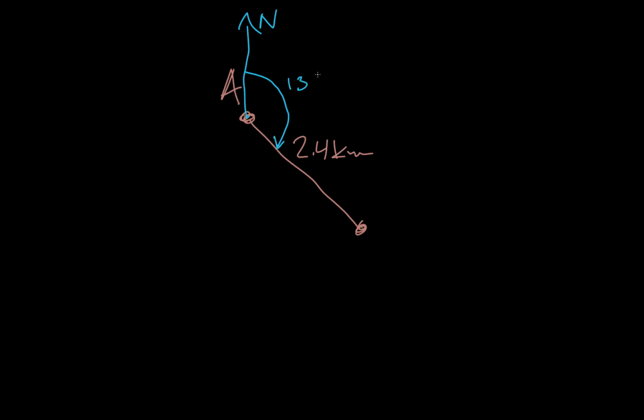So we start at A, and then we go to B, and they tell us that that is 2.4 kilometers. And they also tell us that it's a 136 degree course. So what that means is if we look at true north, if we rotate from here to here, that's going to be 136 degrees. Okay?